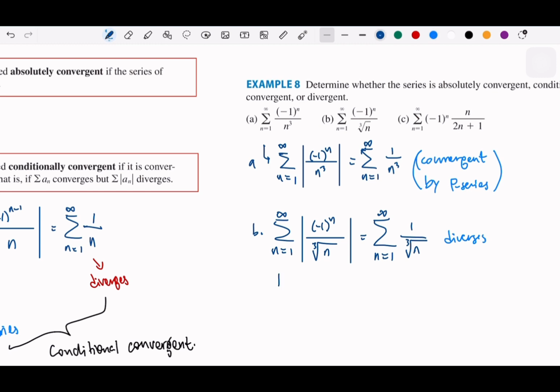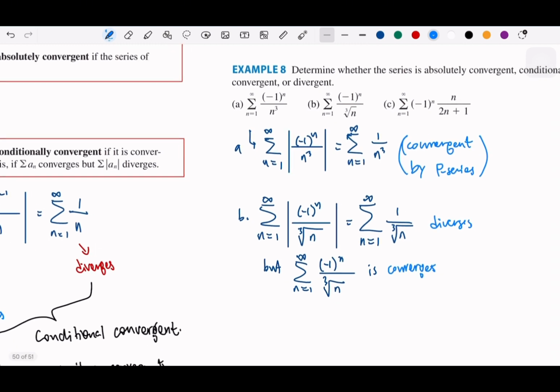but this series converges. P is less than 1.